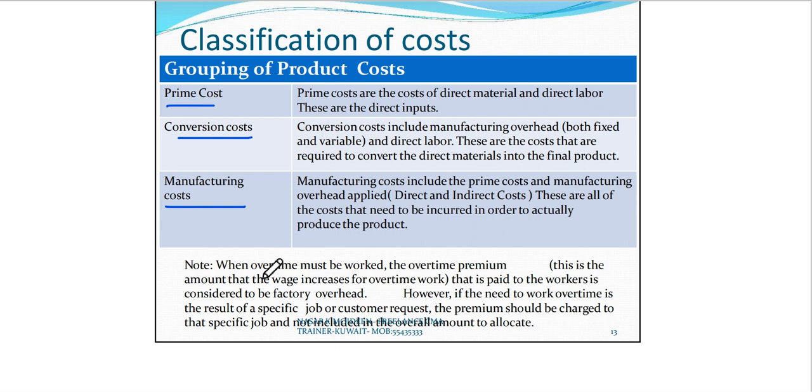When overtime must be worked, the overtime premium that is paid to the worker is considered to be a factory overhead. So you are paying some overtime in your normal course of business. That overtime paid to employees will be considered as an overhead. It is not considered as a prime cost, or as labor cost.